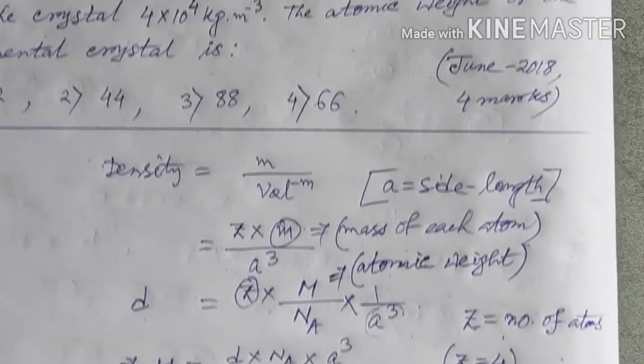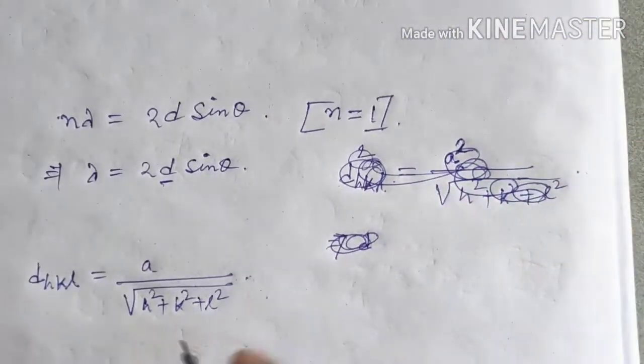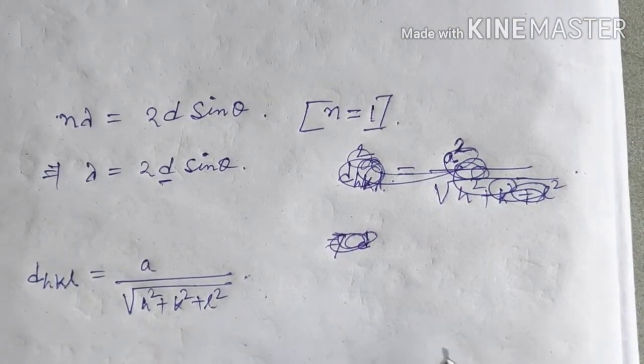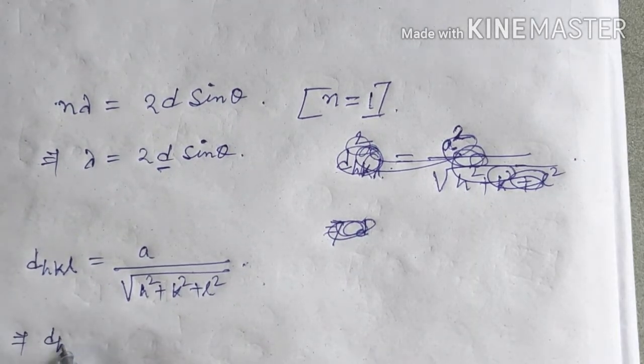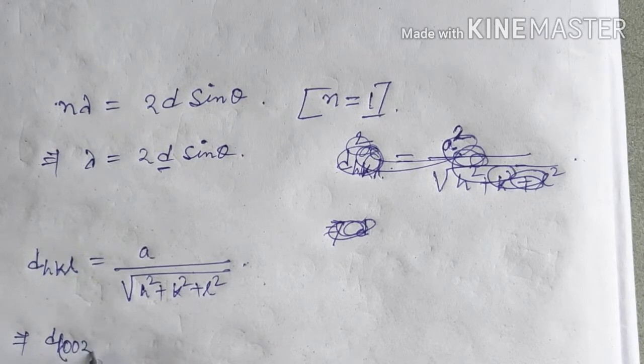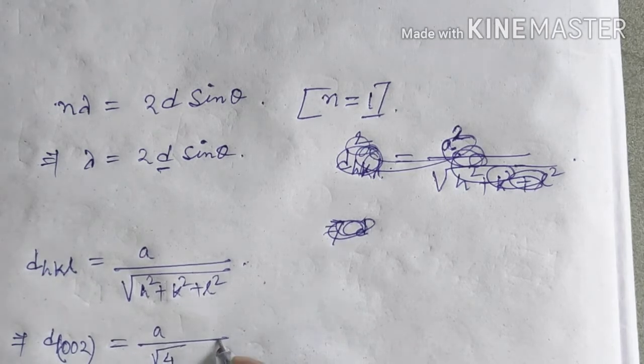Now in the given question, the plane is 002 plane. So the value of h is equal to 0, k equal to 0 and L equal to 2. So from this we get d002 is equal to A divided by root 4, that is, A by 2.